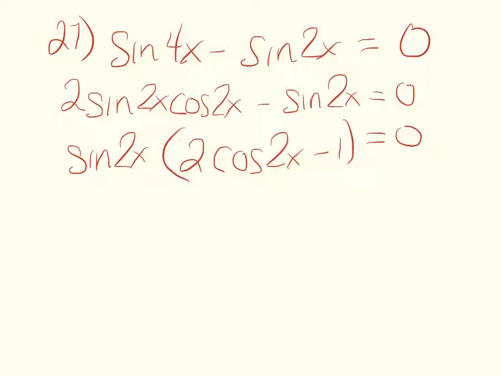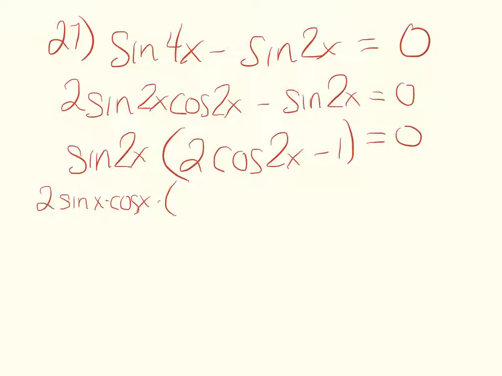I could set the sine 2x equal to 0, but probably first I need to get rid of the 2x and convert the identity. So you're going to end up saying, well, the 2 isn't going to matter. You're going to set your sine x equal to 0. You'll set your cosine x equal to 0, because those are both just equal to that.